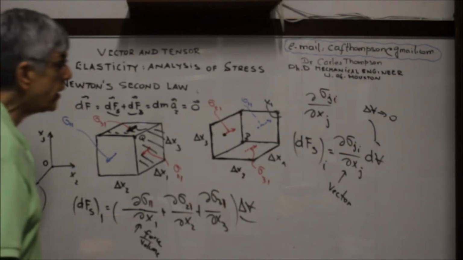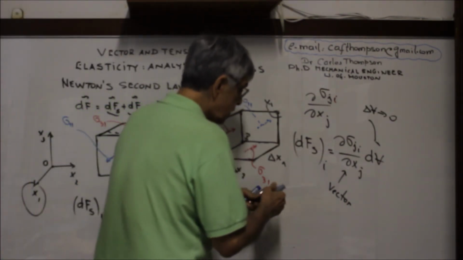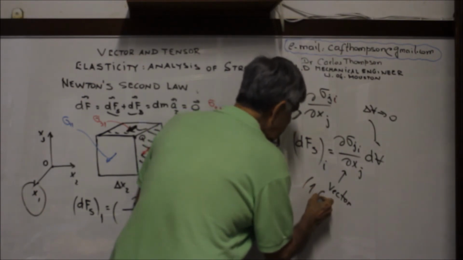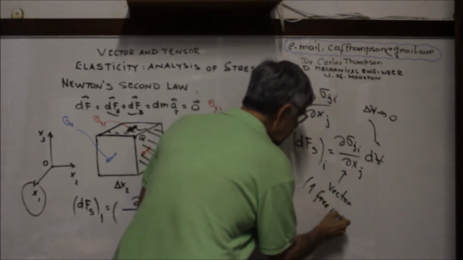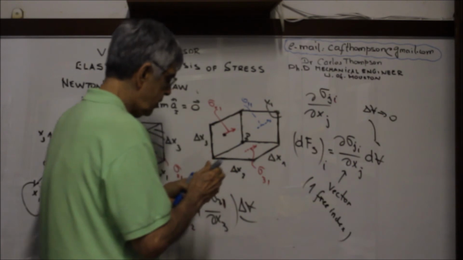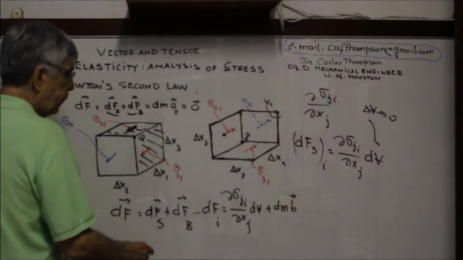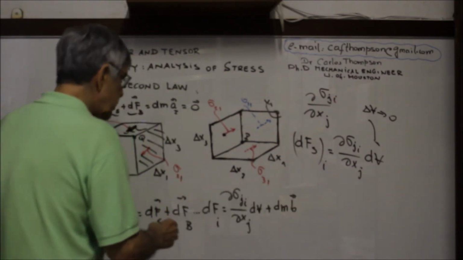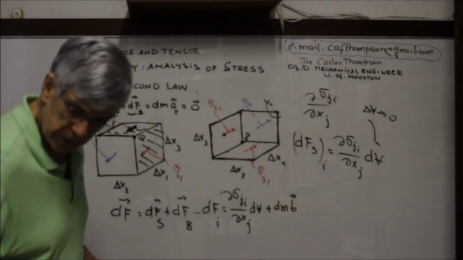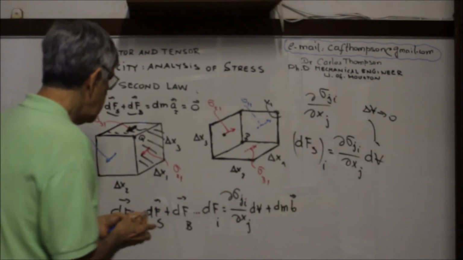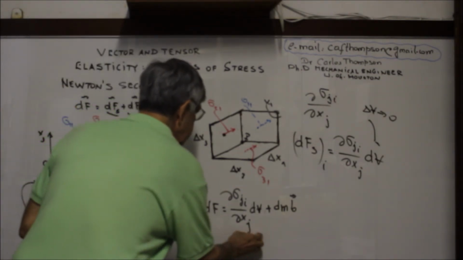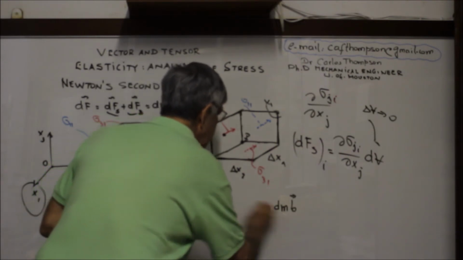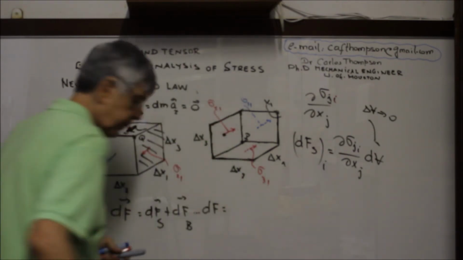Why is it a vector? One free index. Now, instead of doing this, I will repeat here the same thing.